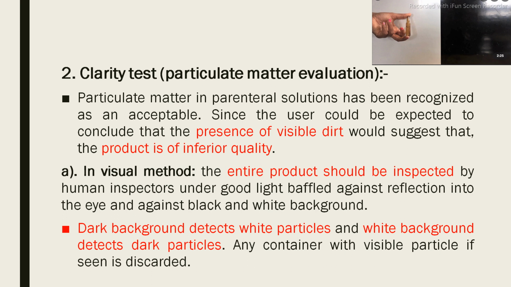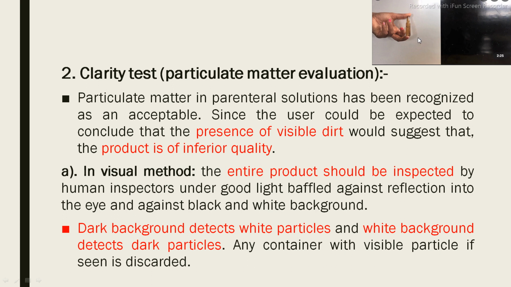Here in this image you can see how to detect the presence of white and black particles. One person is observing the ampoules against the white background. If we are observing the container against the black background, it means that we are trying to find out the presence of any white particle in the preparation. A white background is generally used for dark particles, and a dark background is generally used for white particles.